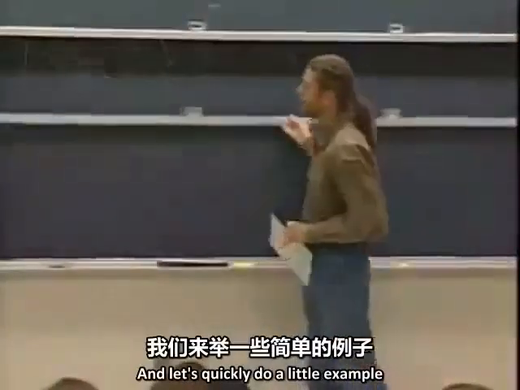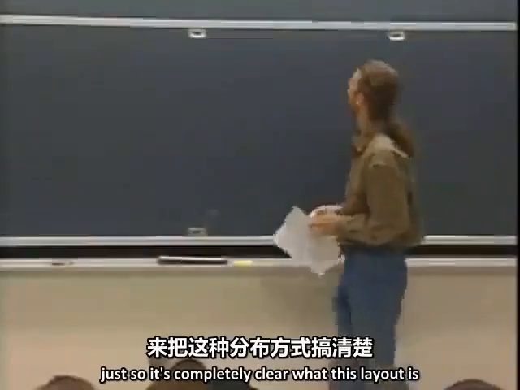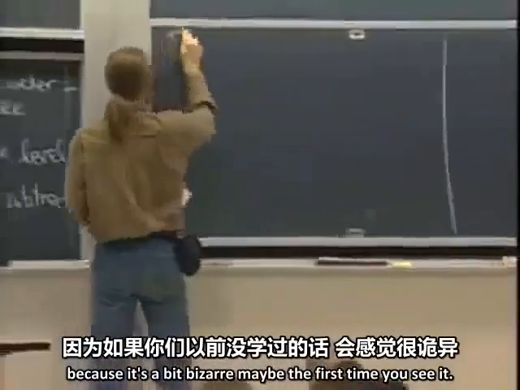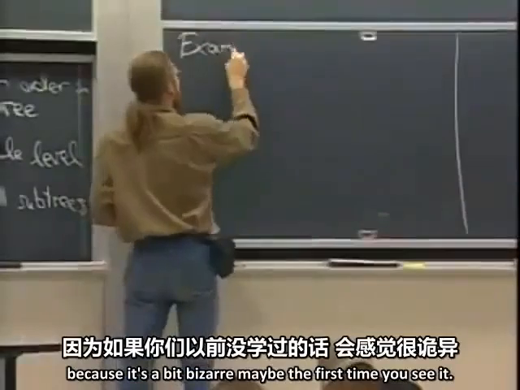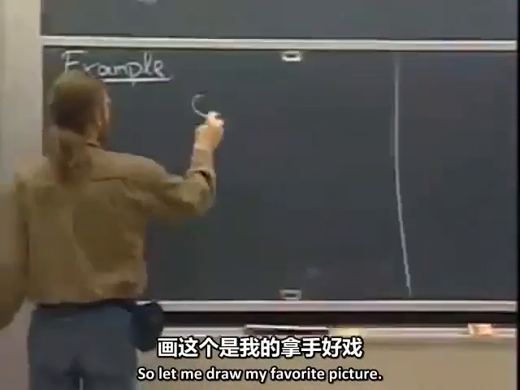And let's quickly do a little example, just so it's completely clear what this layout is, because it's a bit bizarre maybe the first time you see it. So let me draw my favorite picture.